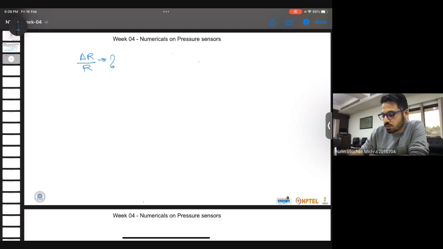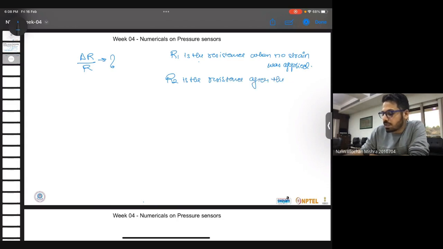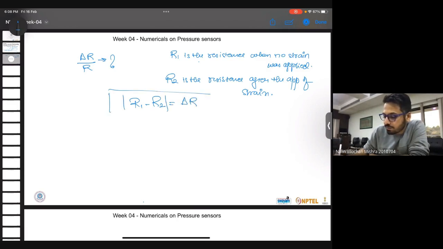So if I assume R1 is the resistance when no strain was applied, or no force was applied, it's the same thing, and R2 is the resistance after the application of strain or stress or force, then R1 minus R2 is basically delta R. It can be positive or negative. Okay.